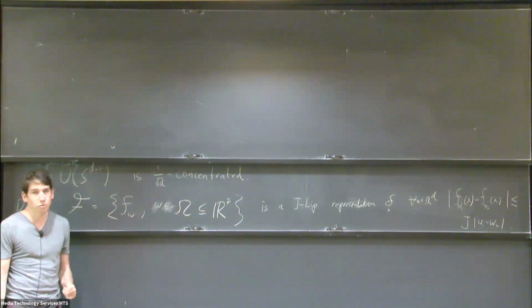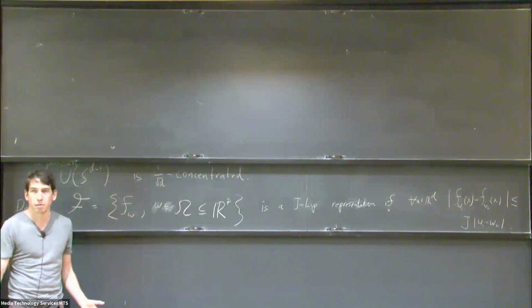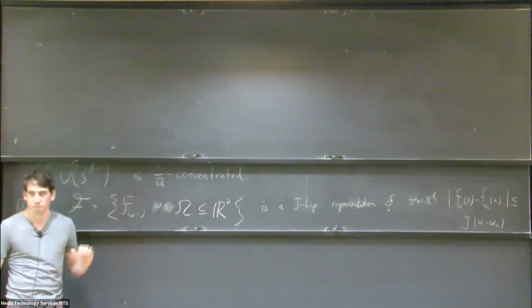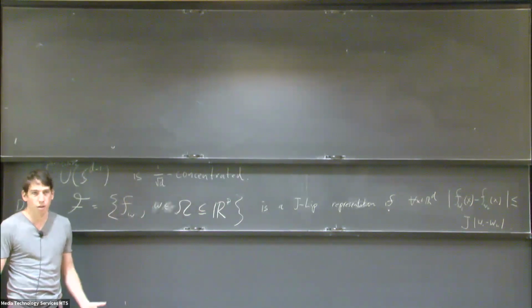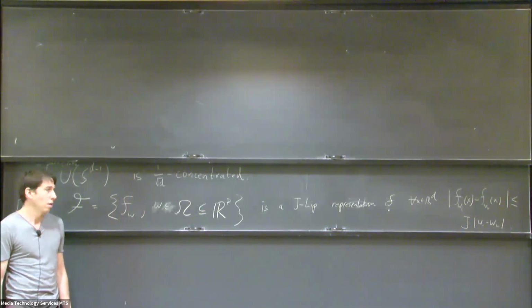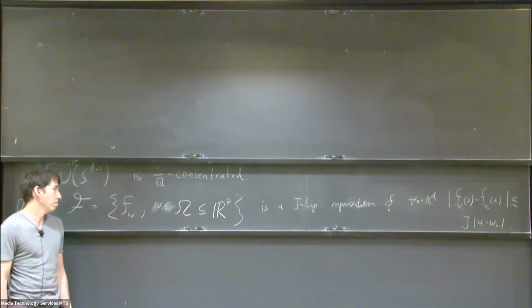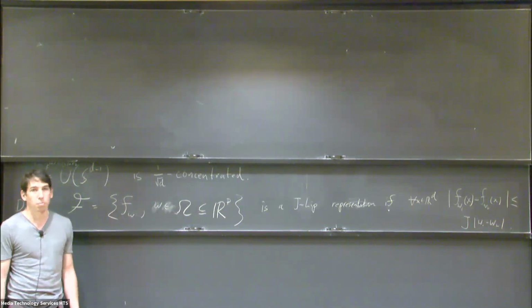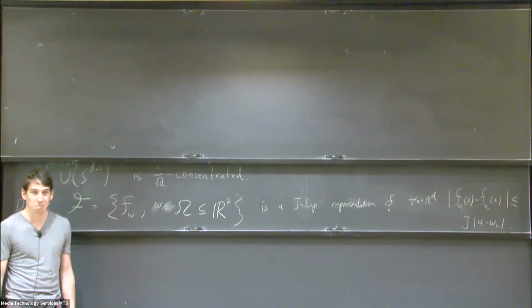And it's not hard to check that if you look at two-layer neural networks, you have something like this with J equals 2. Also deep neural networks.